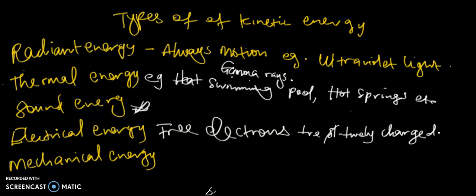We can talk about lightning, and batteries when in use. When you insert the battery and it is in use, there is this transfer of electric energy. And all these things that happen without our knowledge of it are examples of kinetic energy.